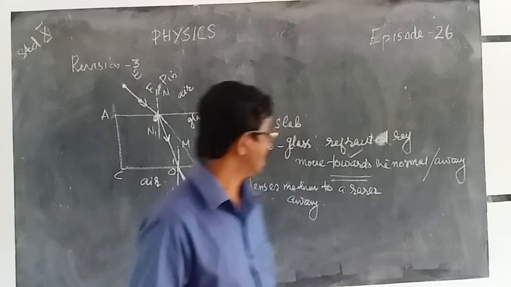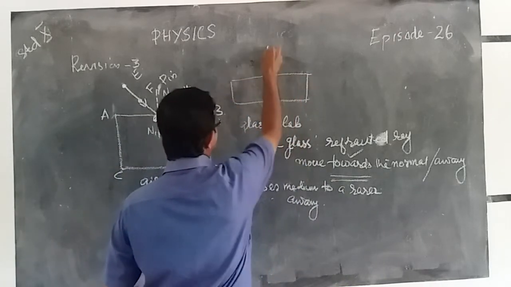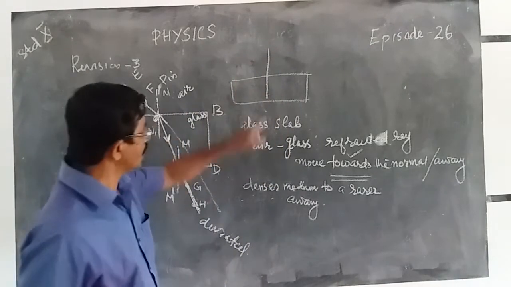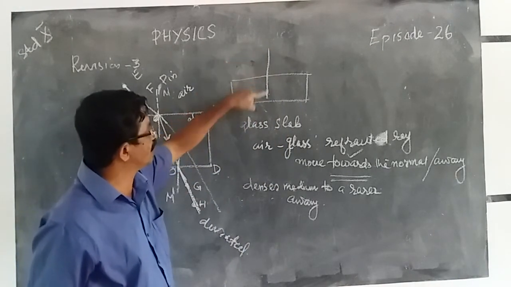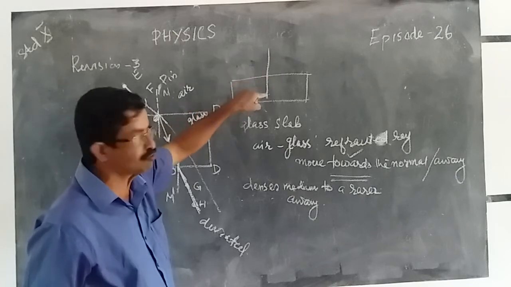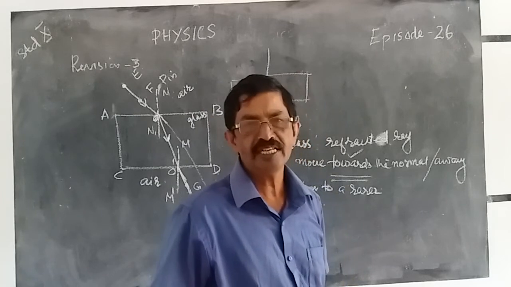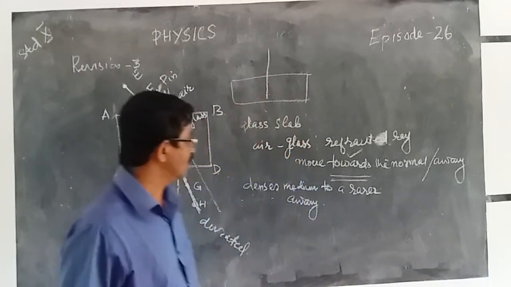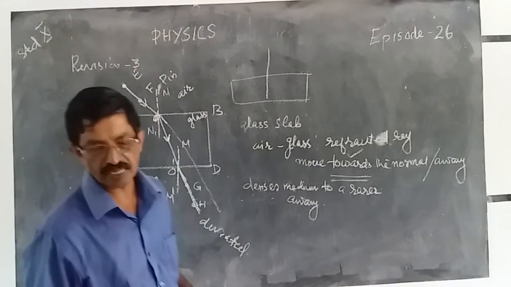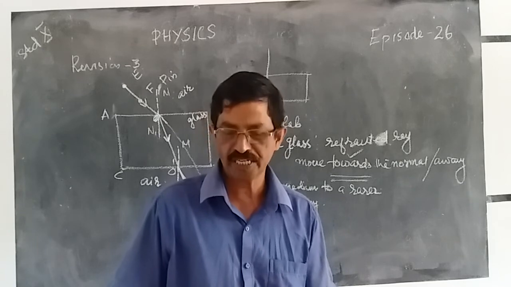And if the light travels normally from one medium to another, then we cannot observe any deviation. There are two laws related to refraction of light.